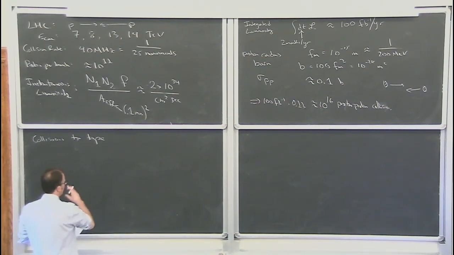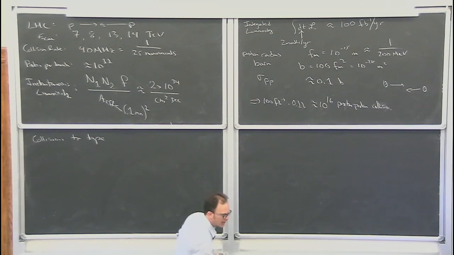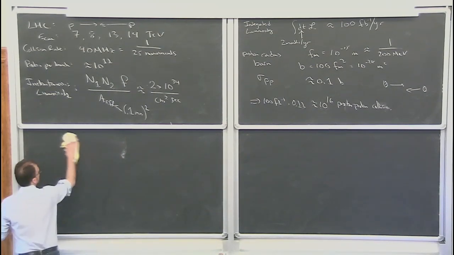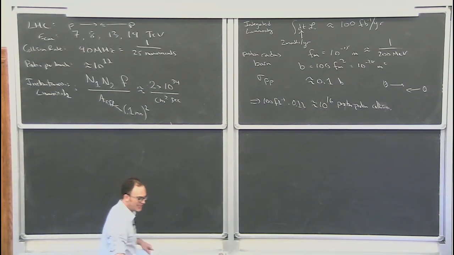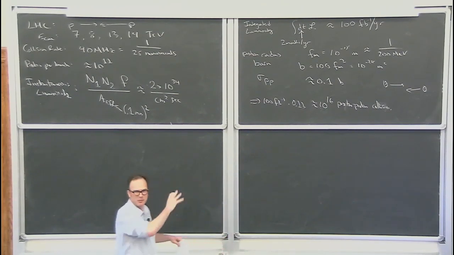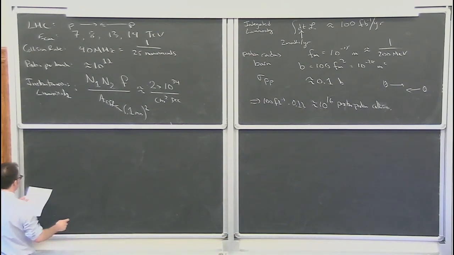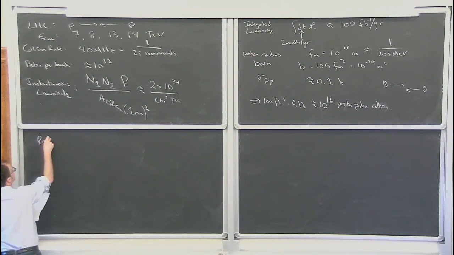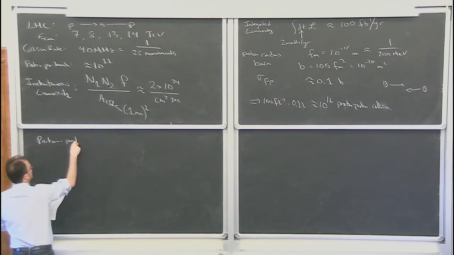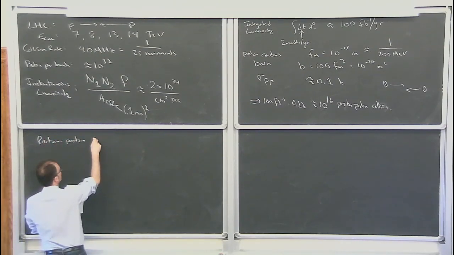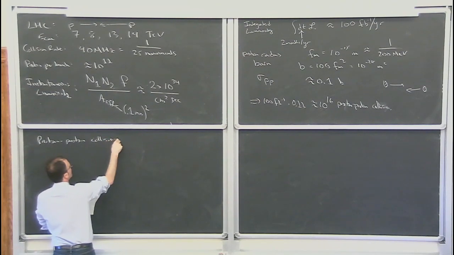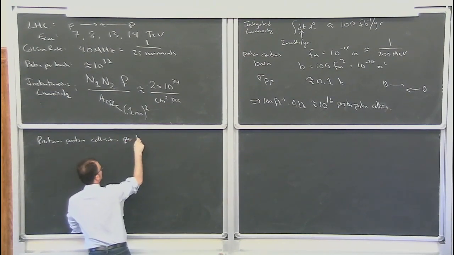So actually, before I do that, just to clarify something, if some of these numbers don't seem to work out, here might be the reason why. There's a conversion factor to keep in mind for the proton-proton collisions happening per beam crossing.